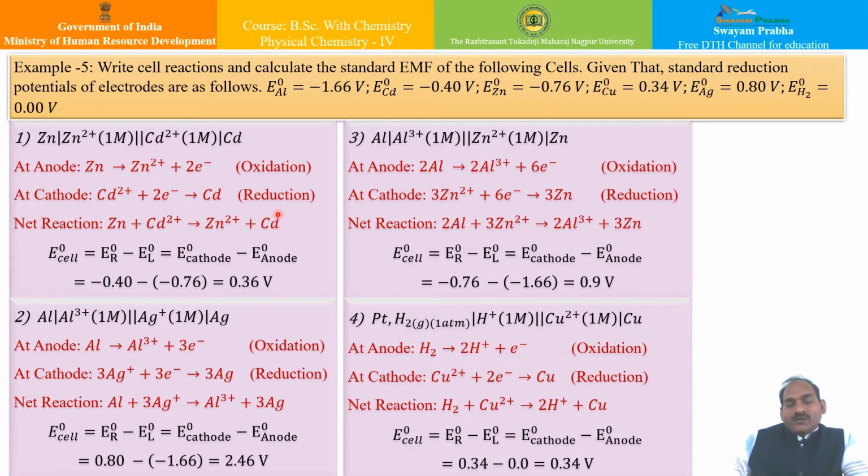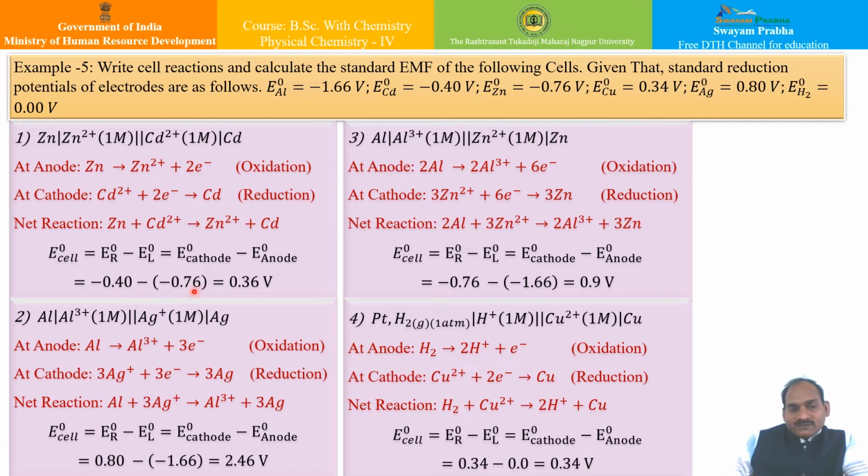Now we need to find the EMF of the cell. The standard EMF of the cell is the standard reduction potential of the right hand side electrode minus that of the left hand side electrode, that is, the standard electrode potential of the cathode minus that of the anode. The right hand side cathode is cadmium, with standard reduction potential minus 0.40 volt, minus the standard reduction potential of the zinc electrode, minus 0.76.